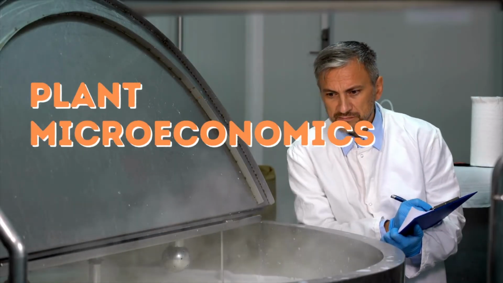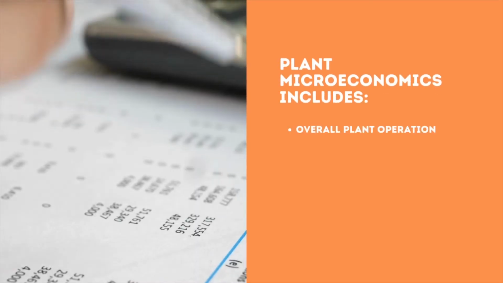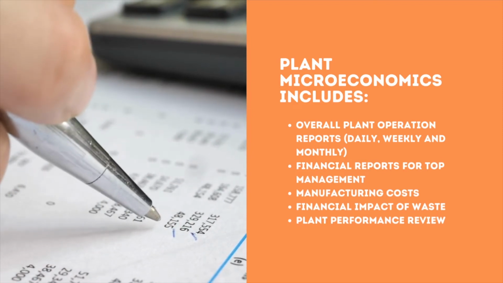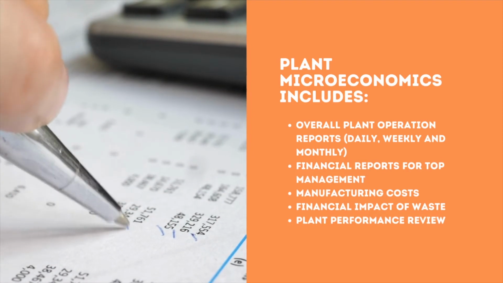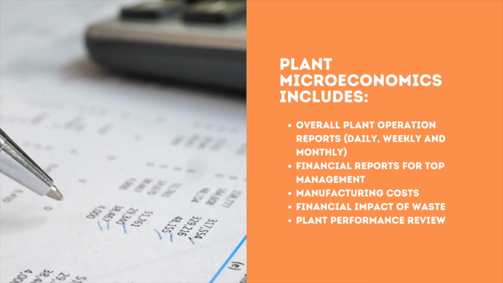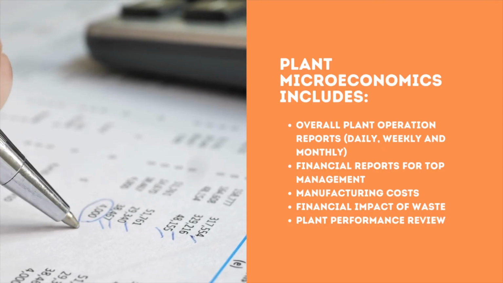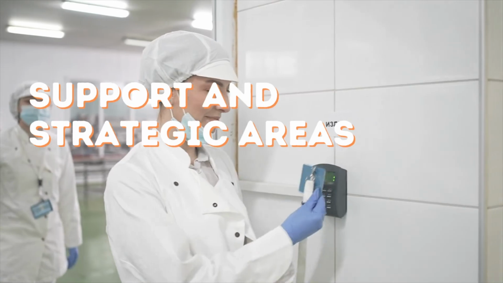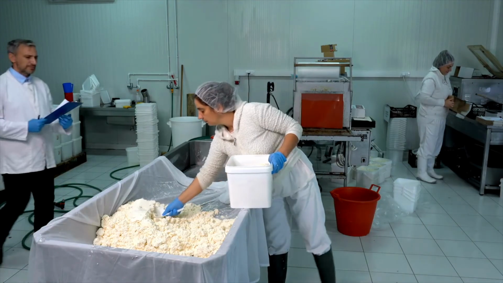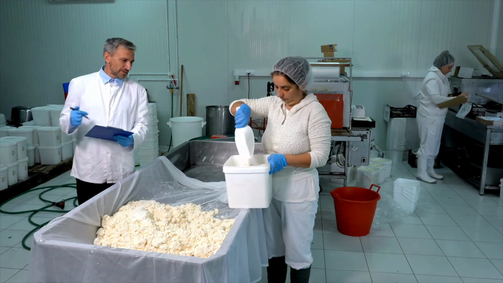Then, there is plant economics. This includes overall plant operation reports, daily, weekly, and monthly. Financial reports for top management. Manufacturing costs. Financial impact of waste. And plant performance review. And last but not least, there are the support and strategic areas, for instance research and development or bakery formulations.